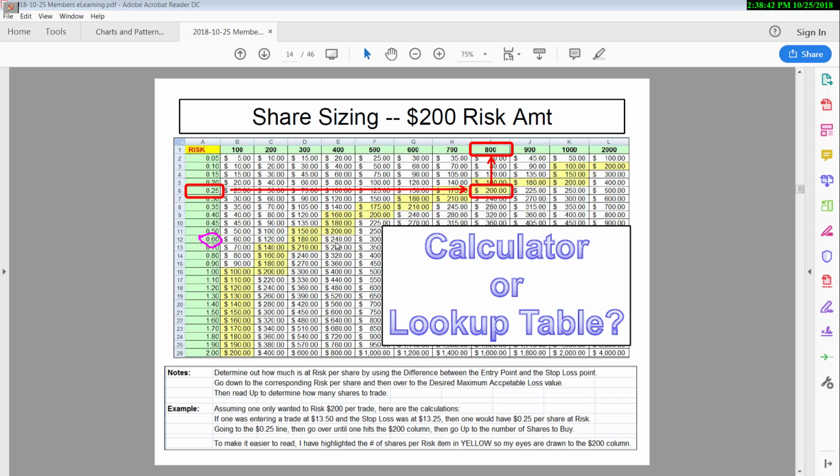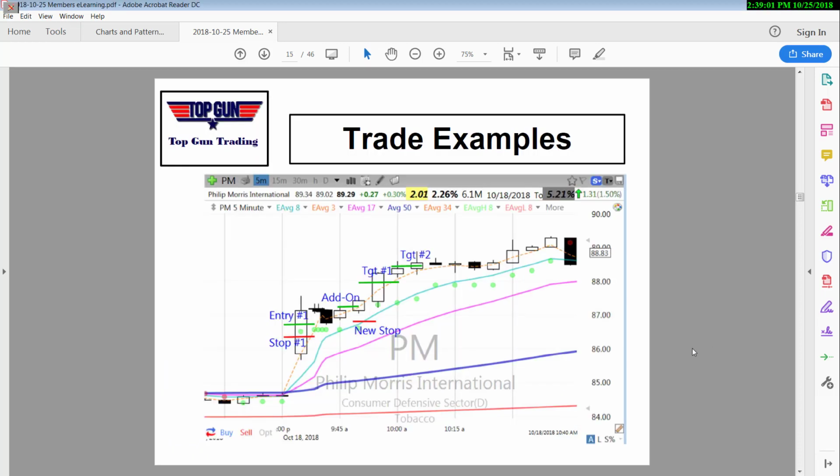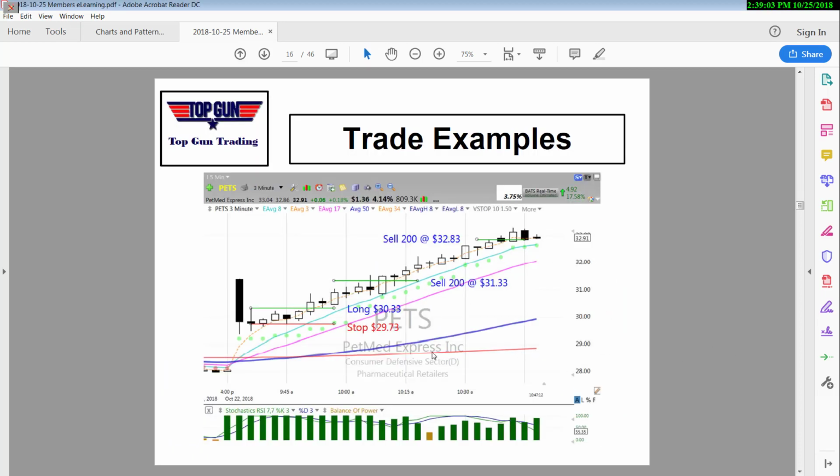And if I wanted to risk no more than $250, in this case $240, I come up with 400 shares. I can risk up to $240 with 400. That's what we took. All right, so we got 400 shares, stop 60 cents, $240 at risk.